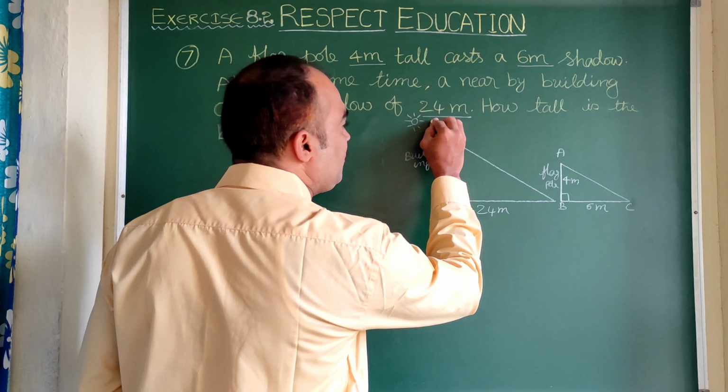So here I am writing angle C is equal to angle F. The reason is that DF is parallel to AC. How can they be parallel?